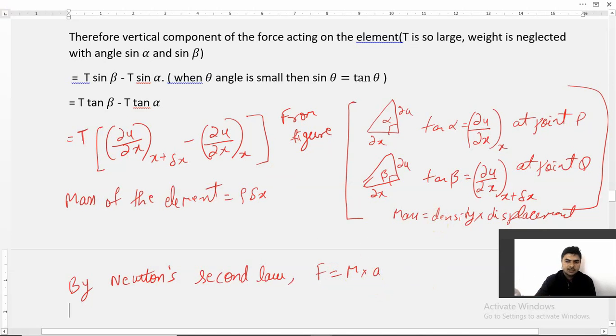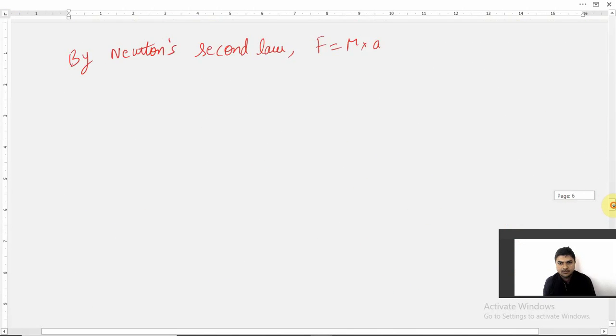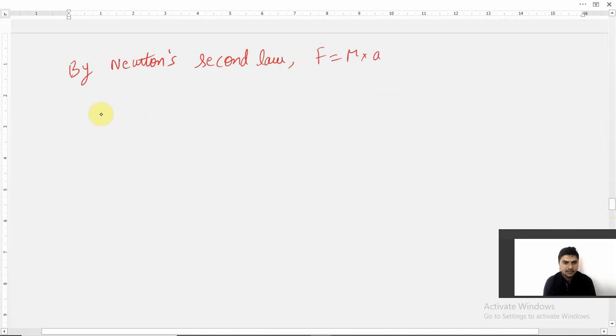It is the rate of change of velocity. Rate of change of velocity is nothing but the rate of change of speed, which is the displacement. So I am going to take this m, which we substitute from the above equation, that is rho into delta x. Is it clear?